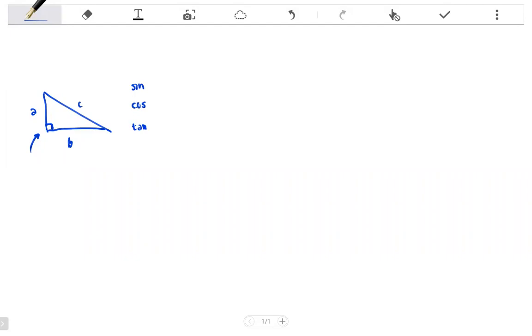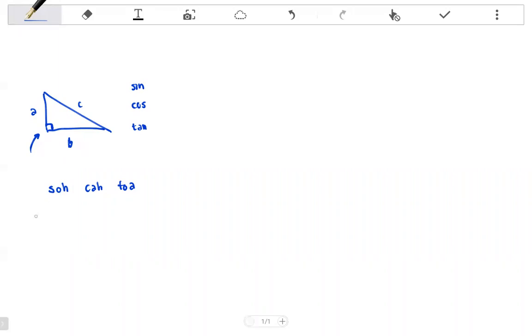A mnemonic that you have to memorize, you might have already heard of it, is SOHCAHTOA. So SOH, CAH, and TOA. Well, what does this mean, right? It might be a little confusing at first.